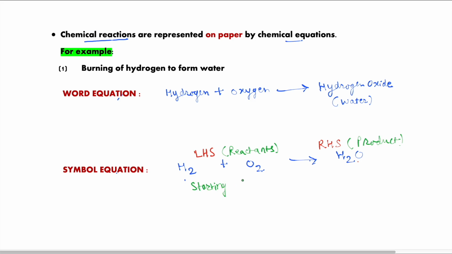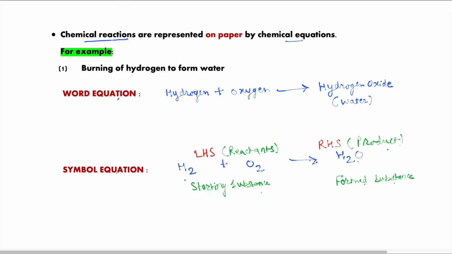So H2 and O2 are the starting substances called reactants. A reactant is a substance that changes in the reaction, and the formula on the right side of the arrow represents the formed substance. The formed substances are called the products. A product is a substance that is produced in the reaction.